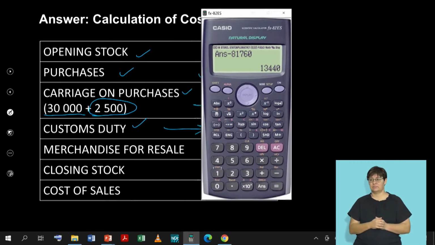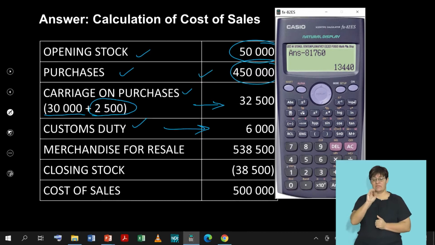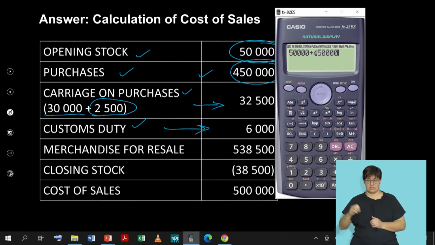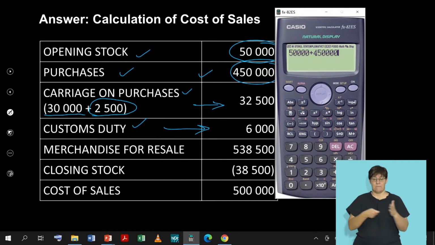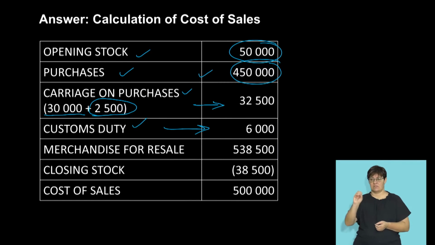I'm adding my 50,000, plus the 450,000, which was my purchases, plus the 32,500, which was my carriage on purchases, plus the 6,000 customs duties, and this should give me a figure of 538,500. There we go.